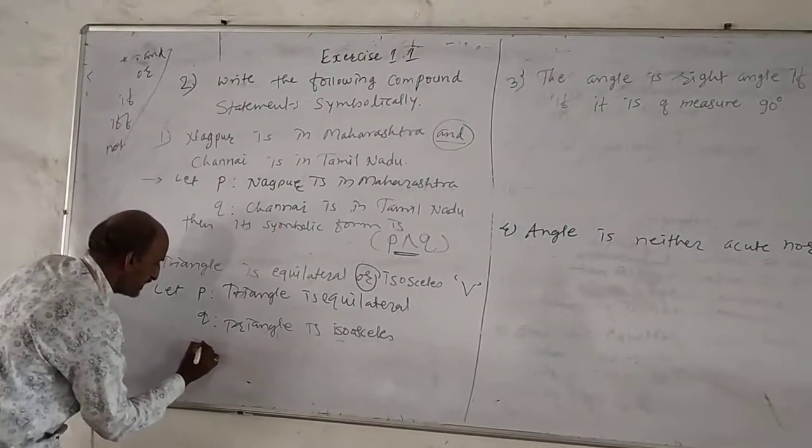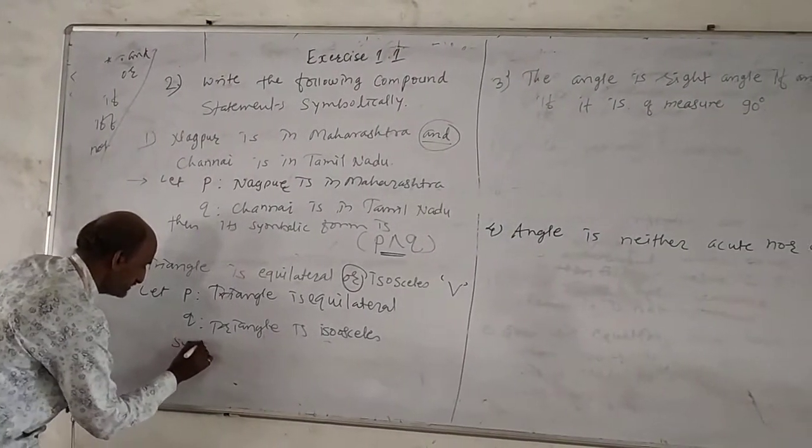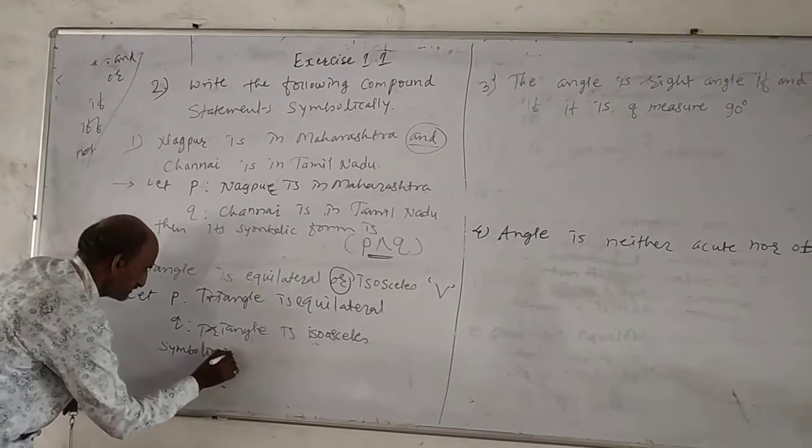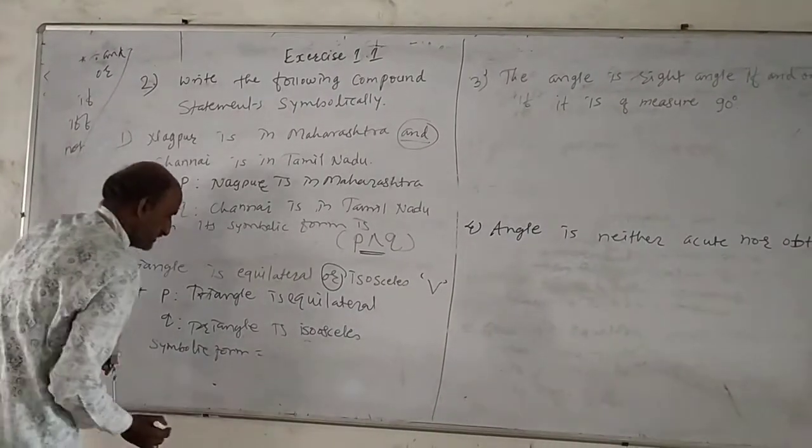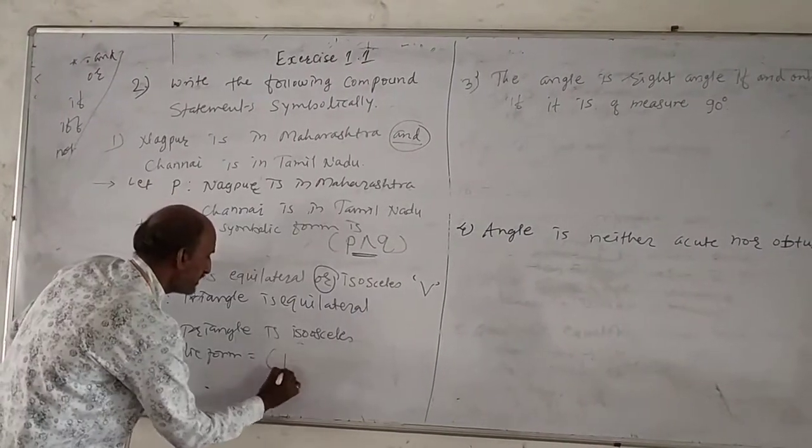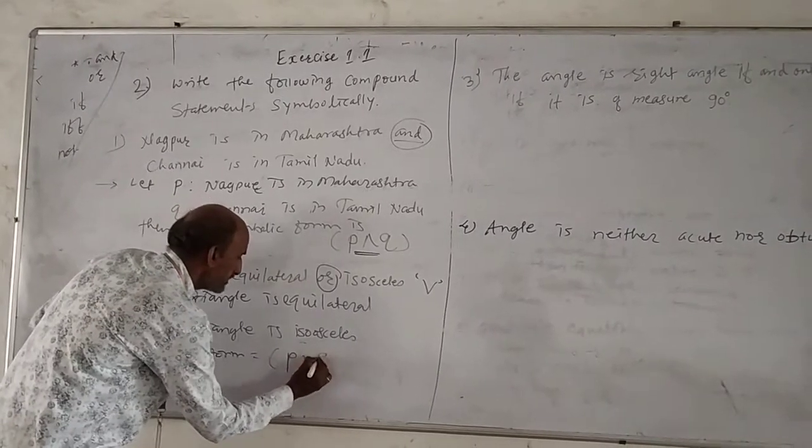Then what is the symbolic form? The symbolic form is P or Q.